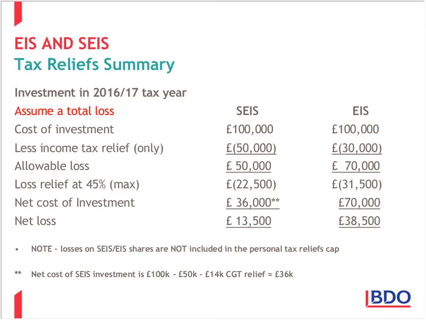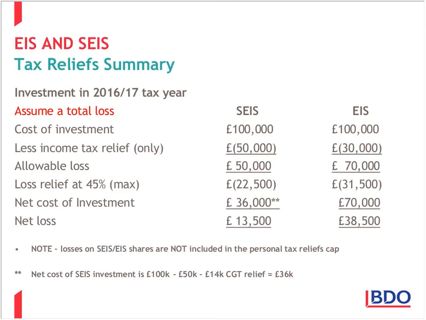And that can either be a capital loss to set against other capital gains or to carry forward, but that would obviously generally only be relieved at 20%, the CGT rate for most purposes. For EIS and CDIS companies, it's possible to claim by election to set that loss against income for the current year or the prior year. So that means that you could actually get relief of up to 45% on income. So you can see there the example, there's another £22,500 income tax relief available.